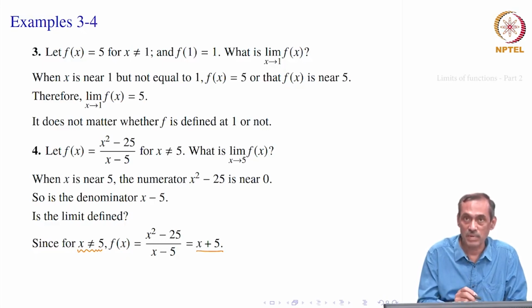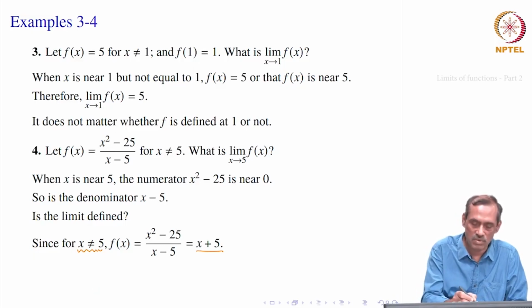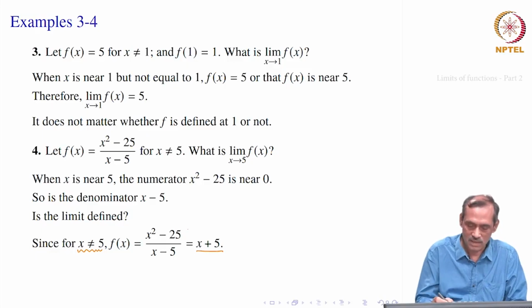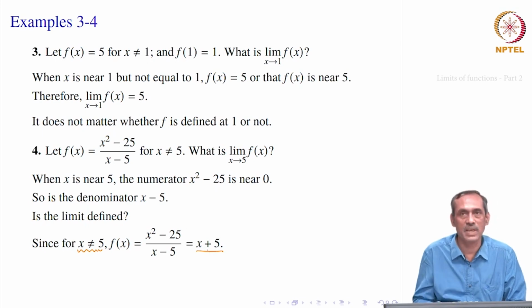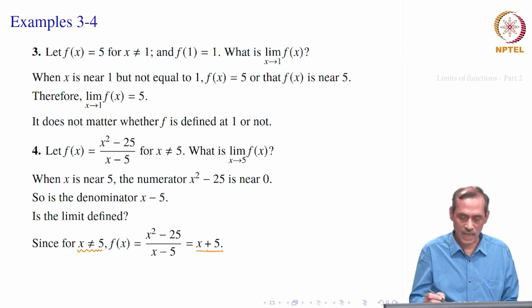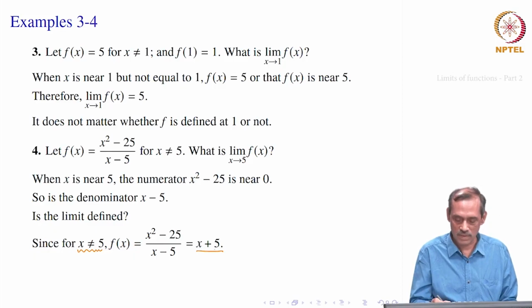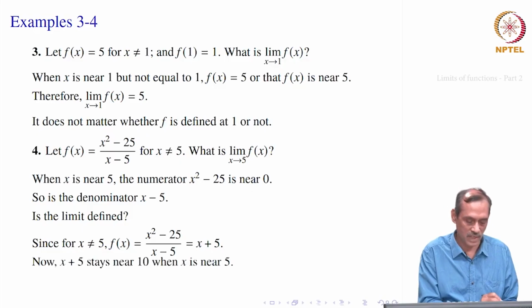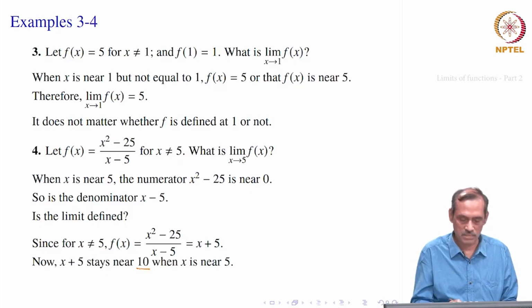So, x remains near 5, but not equal to 5. So, in that case the function x square minus 25 by x minus 5 is really x plus 5. It is not given this way just to confuse. Because x is never equal to 5, you can always cancel, and this is x plus 5 really. And as we see, when x goes to 5, x plus 5 should go to 10. That is what our feeling is, that 10 should be the limit.